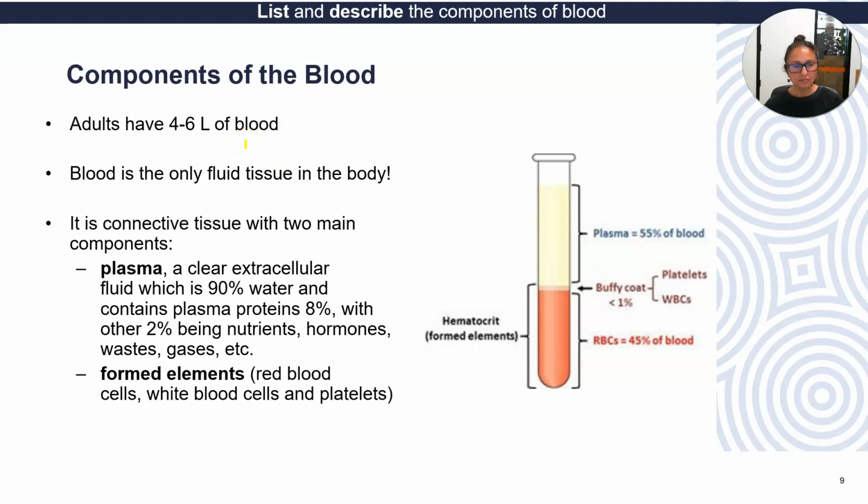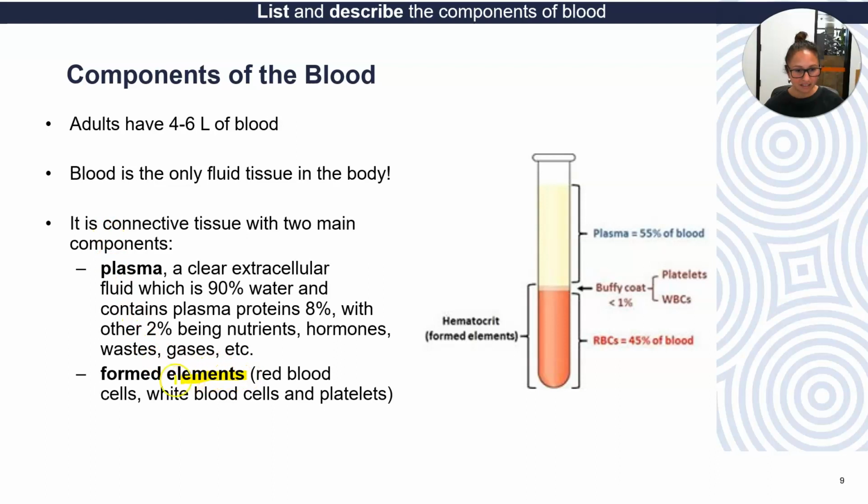Okay, let's have a look at blood. As nurses, you really need to understand this tissue, and blood is the only fluid tissue in the body, and blood is made up of cells in a matrix.